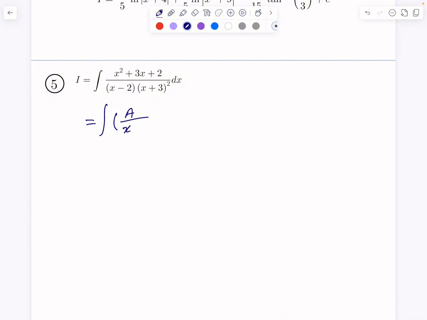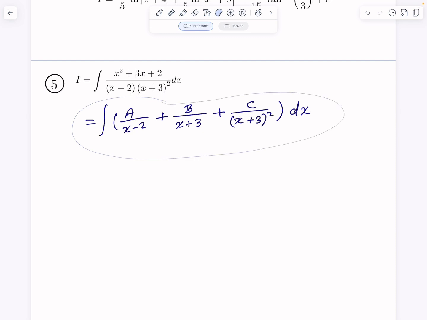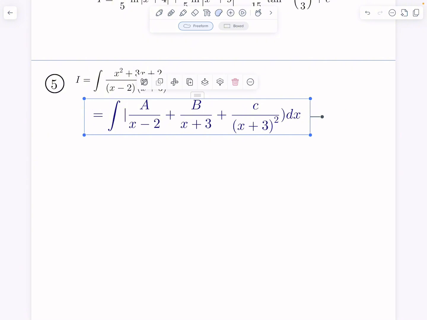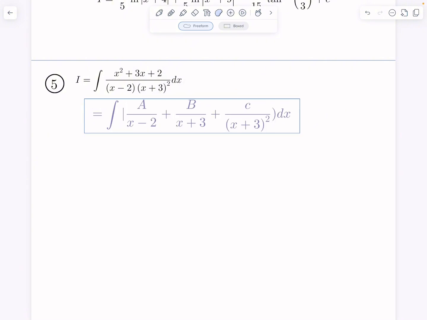All right, therefore I is going to equal the integral of a over x minus 2 plus b over x plus 3 plus c over x plus 3 whole squared, multiplied by dx.